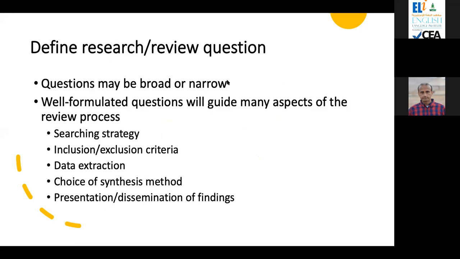Right, so moving ahead, let's define the research review question. This is what we were talking about. When we look into the review questions, the questions may be broad or narrow initially, but as we have just seen in that hierarchy picture, it starts with a broader opinion.